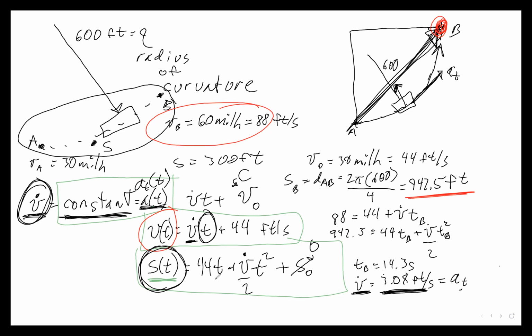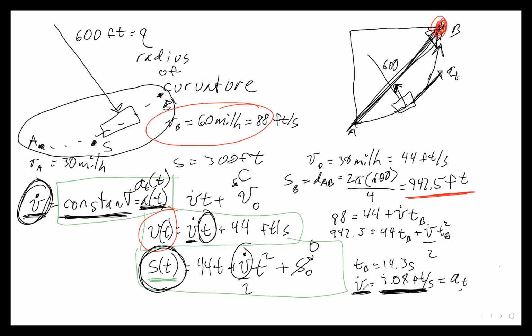We can find when if we know the v dot value at 300 feet. Well, we did. It was 3.08 feet per second squared. That was the tangential acceleration when we're at 300 feet. We found that recently. So now we can find when. This is because v dot is a constant. The tangential acceleration is constant.